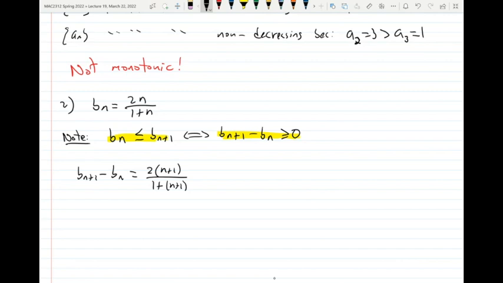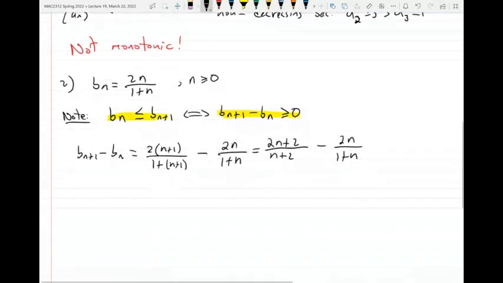Oh, by the way, this sequence is for n, let's say, greater than or equal to 0. Okay? It's okay for n to be 0. All right, and then minus Bn. Bn is just 2n over 1 plus n. And let's calculate this, and let's see what we get.